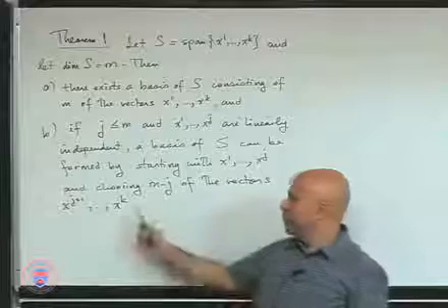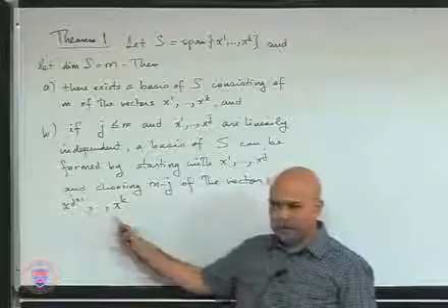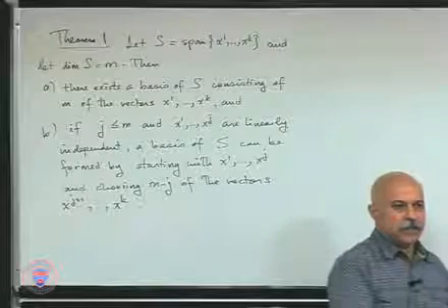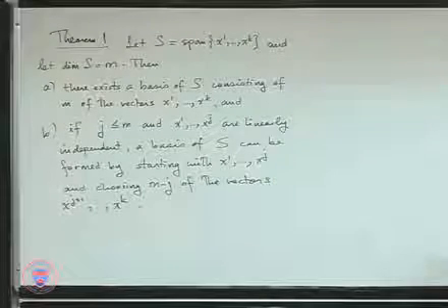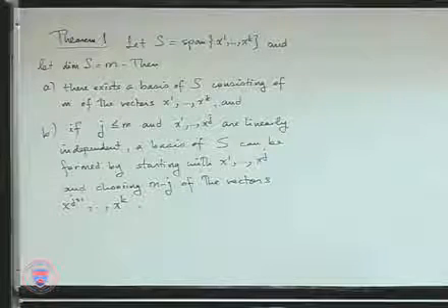Okay? Of course, making sure that the ones that we choose from the remaining set still fulfill the assumption of linear independence. You can always do it. It's that type of a statement.